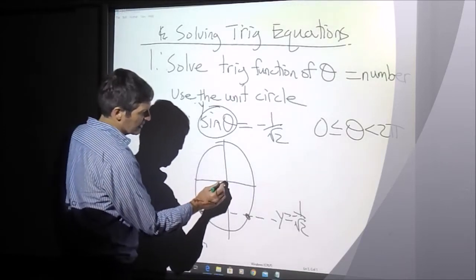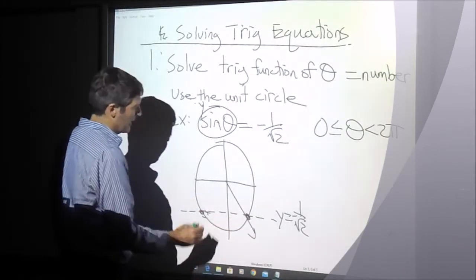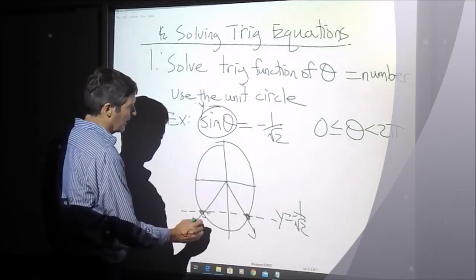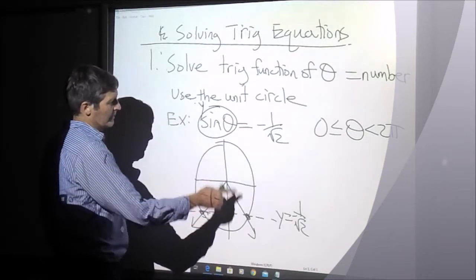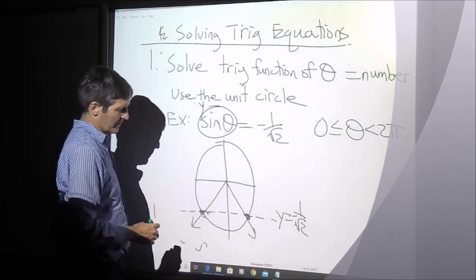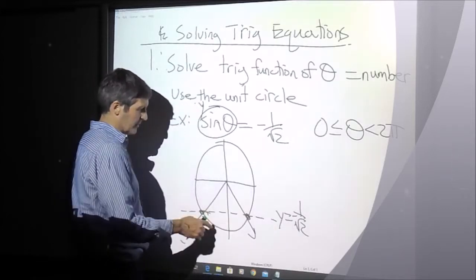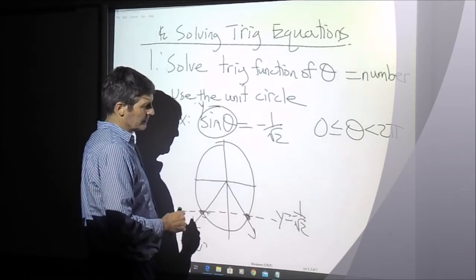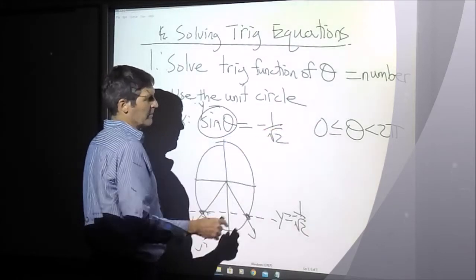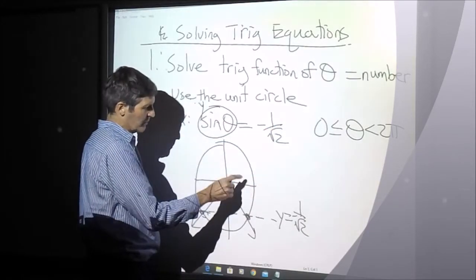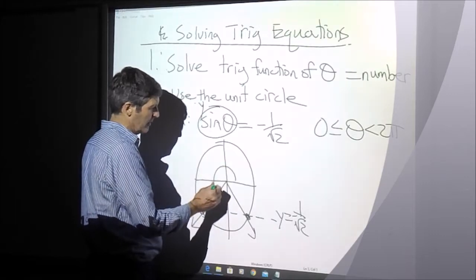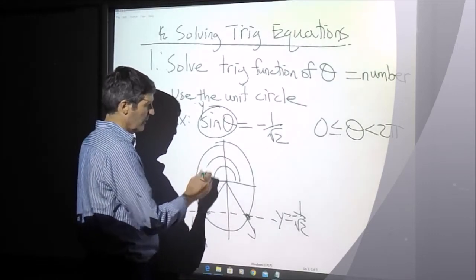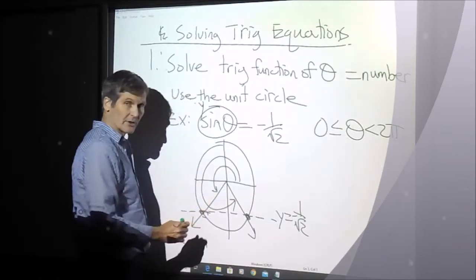If theta has this terminal ray, or this terminal ray, then the sine of that angle will be minus 1 over square root 2, and otherwise not. So you want a point on the unit circle that has y-coordinate minus 1 over square root 2. Well, if we're restricting theta between 0 and 2 pi, we can't go this way. We can just go around to here or to here. So there's only two angles.